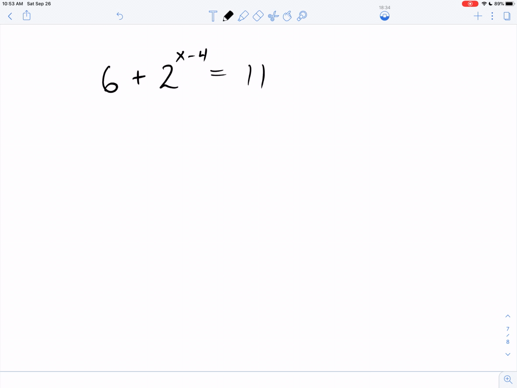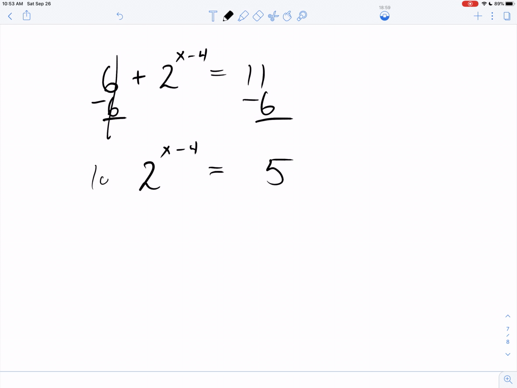When they start us off with one of these problems, sometimes you can't tell if it's bases match style or not bases match style until you start messing with it. But this one I tried to make pretty obvious that when you take away the 6 to get this guy by himself, those bases do not match at all.